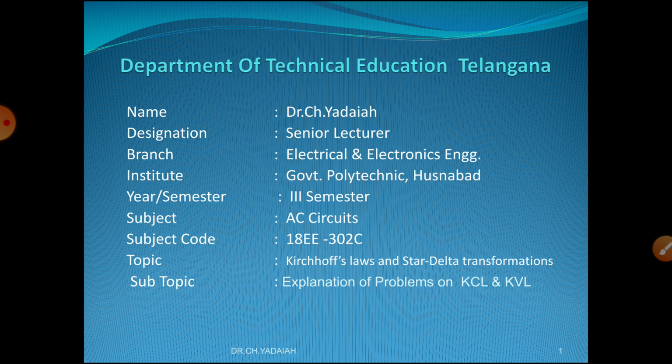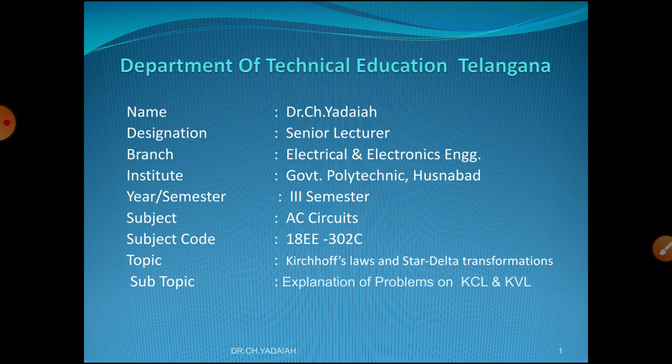Any electrical network can be solved with the help of KCL and KVL in three methods. One is the branch current method, second is the loop current method, third is the nodal analysis method.